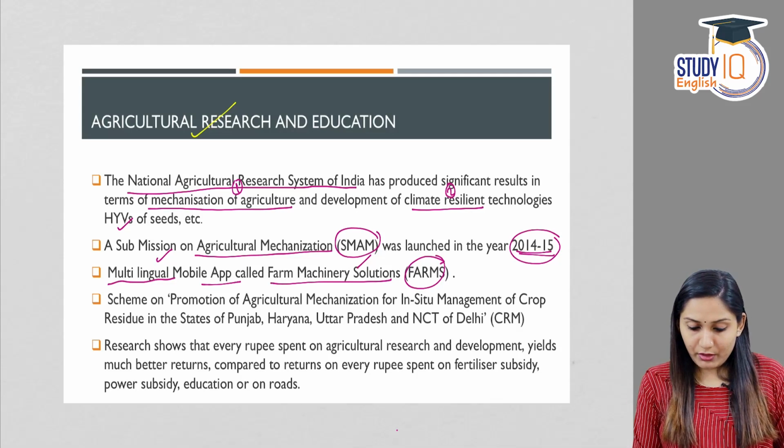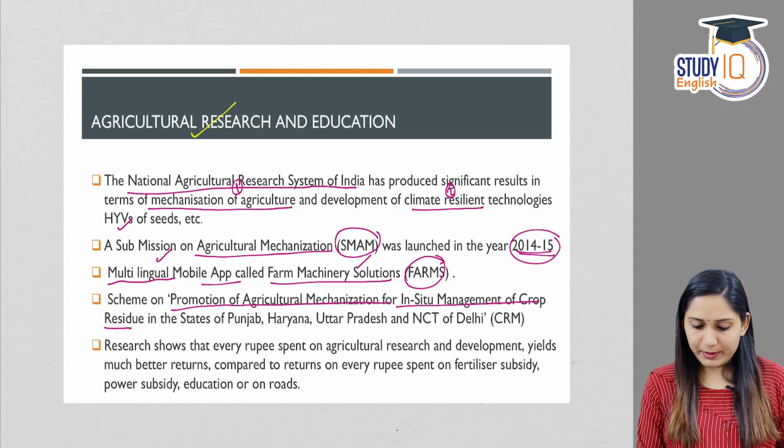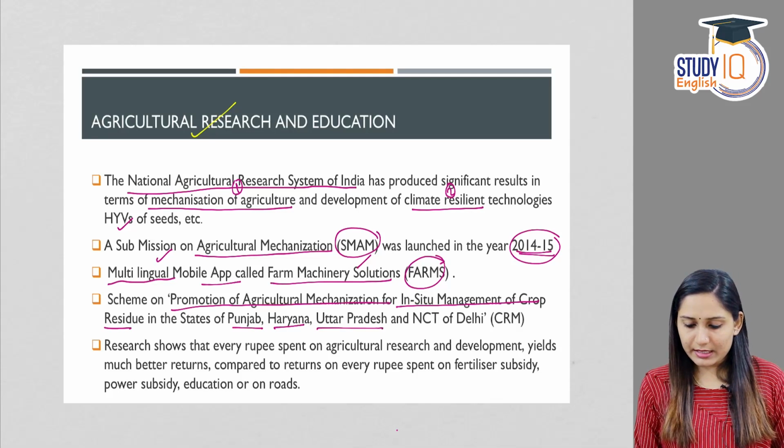Next is the scheme on promotion of agricultural mechanization for in situ management of crop residue in the states of Punjab, Haryana, UP and NCT of Delhi.